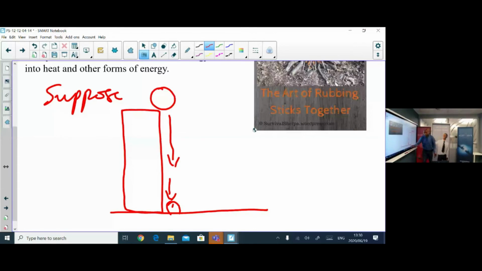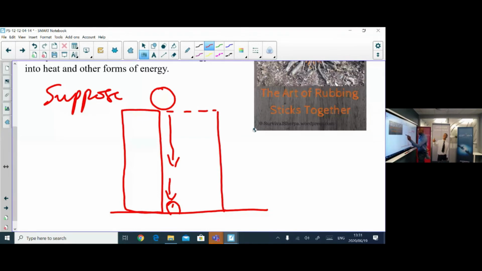Why? Because of the friction at the ground. The ball will stop a bit and then go back. It's not going to reach where it was started.